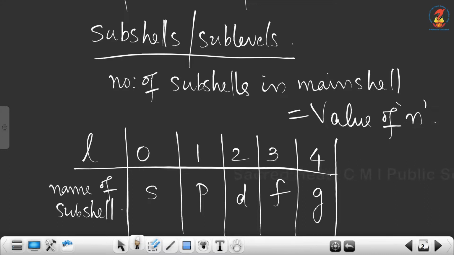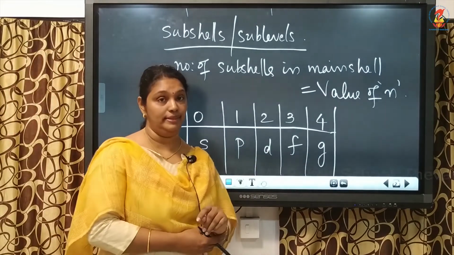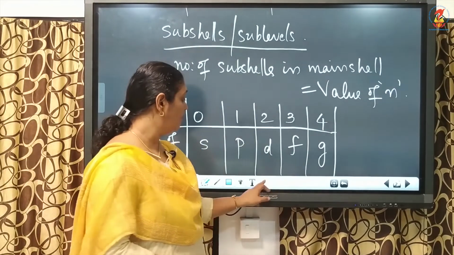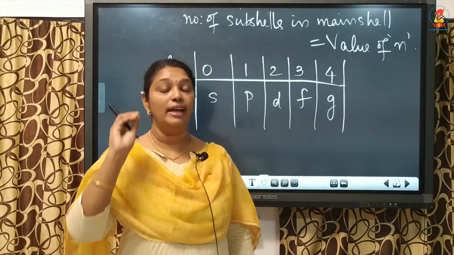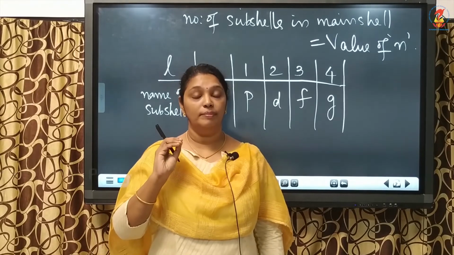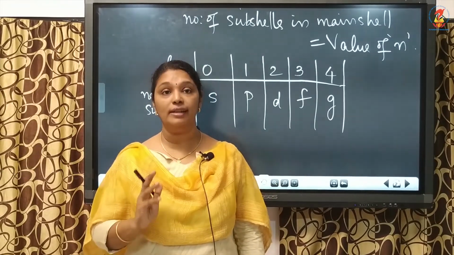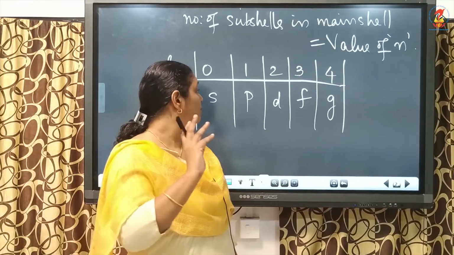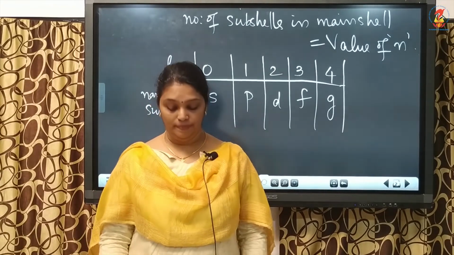Now we need only s, p, d and f, and remember all these are small letters. So these are the names of subshell. If you see the L value, you can say which subshell is present. L is equal to 0 means s subshell, 1 p, 2 d, 3 f and 4 g.